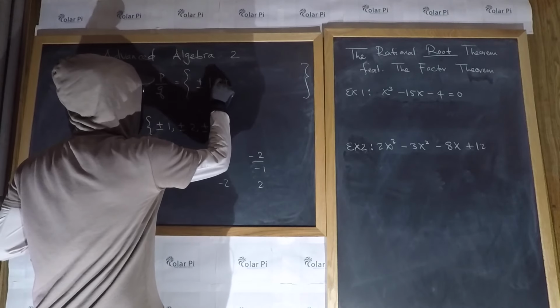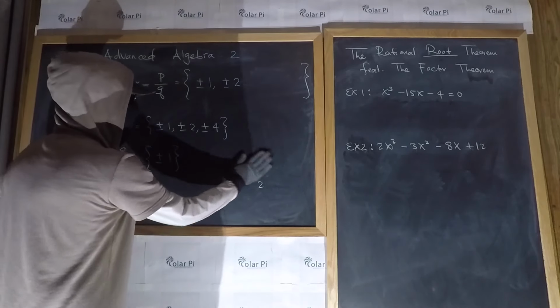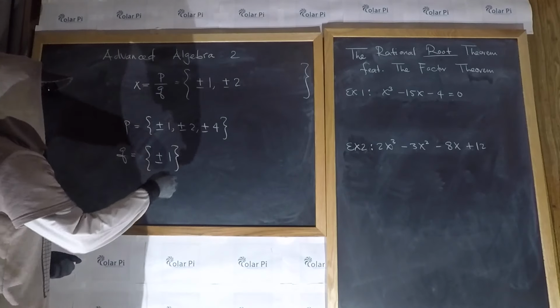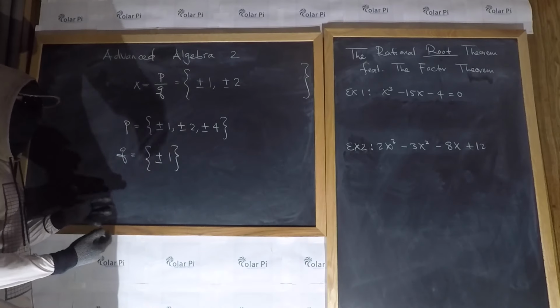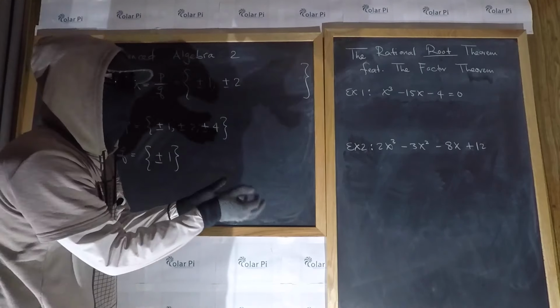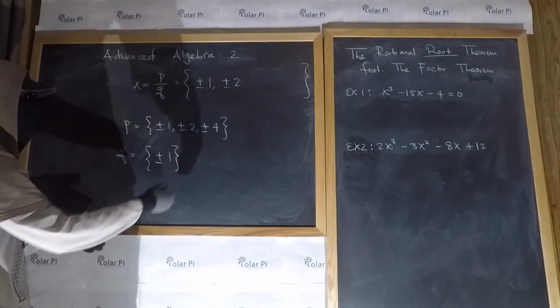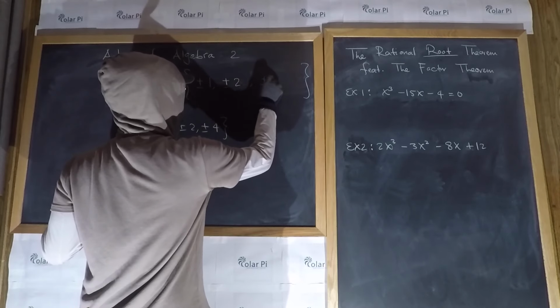So although there's 4 division problems, they end up being just 2 different numbers, +2 and -2. So plus or minus divided by plus or minus is just plus or minus. That's it. Okay. So the plus or minus 4 divided by plus or minus 1 is going to stay.